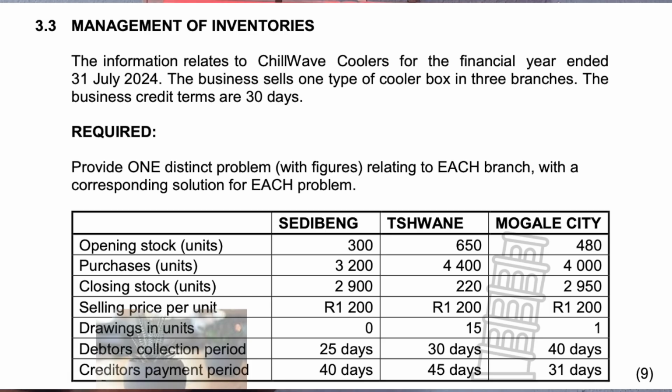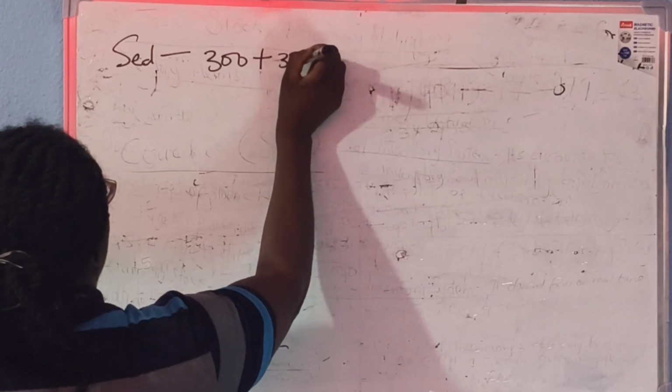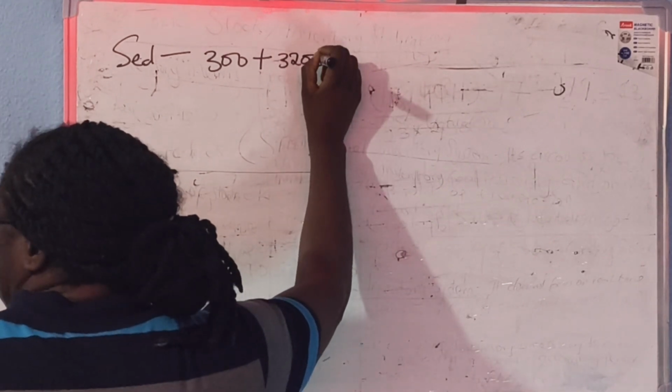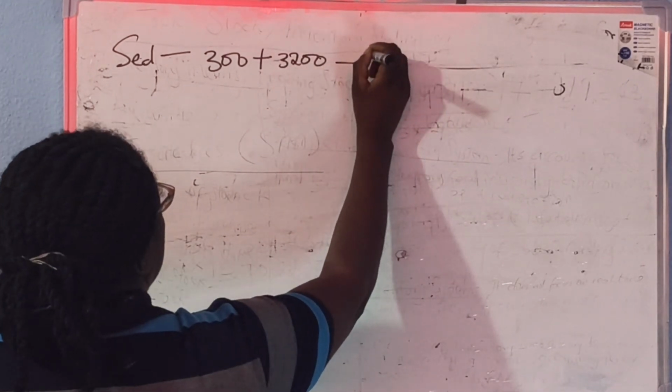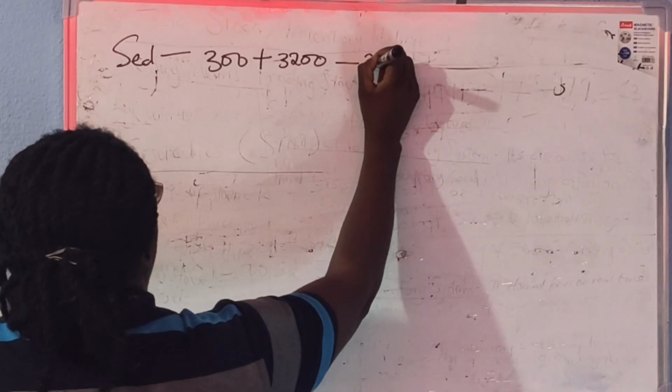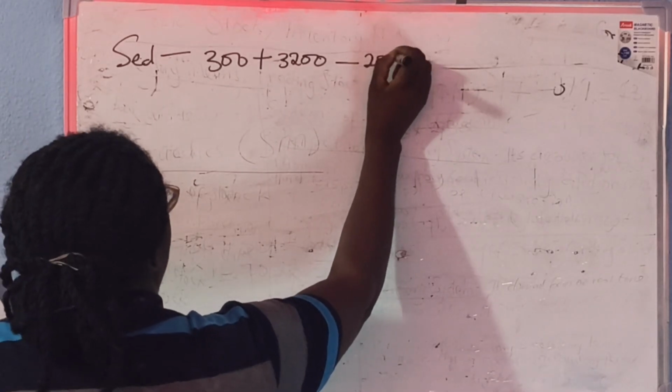In Sedibeng, we have opening stock of 300 plus purchases of 3,200, and our closing stock is 2,900.